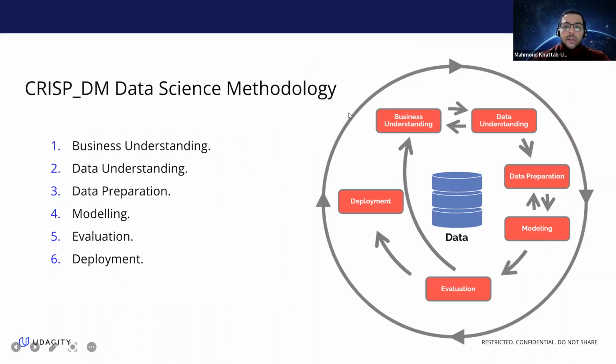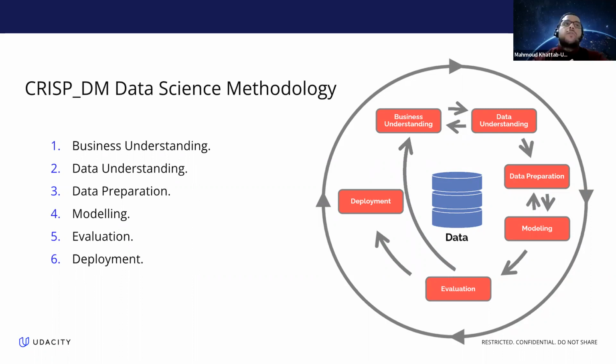The data science life cycle, guys, as you see here in this graph, is an iterative process. First, you need to understand the business you are solving the problems for. As data scientists, we are problem solvers.